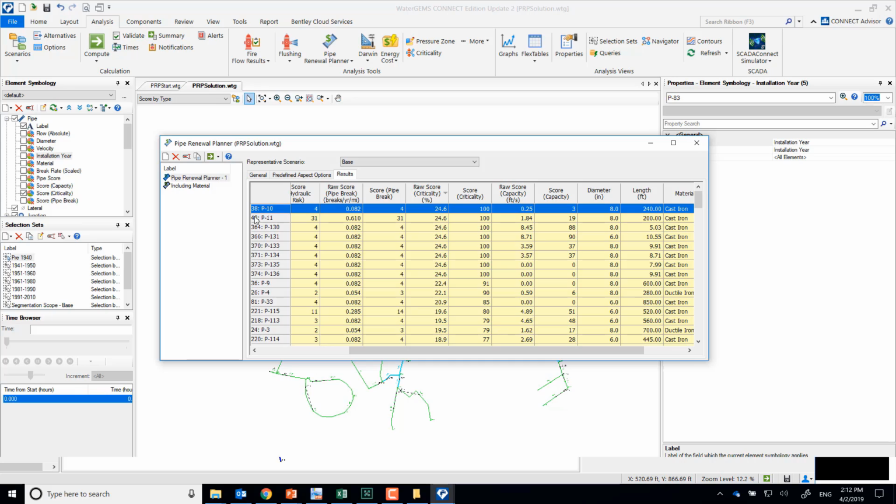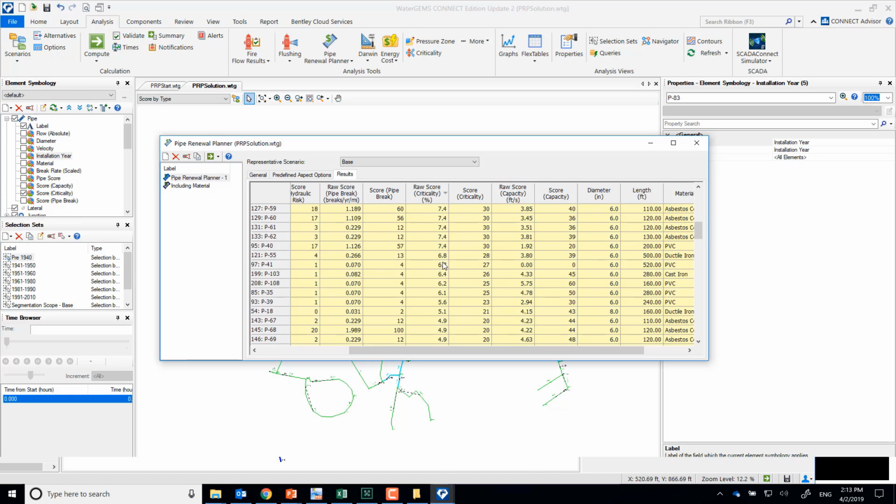Okay, same as P11, P130, and that's why that is assigned the highest possible score for criticality, right? Because this is the highest demand shortfall.